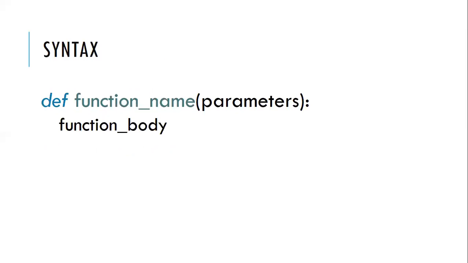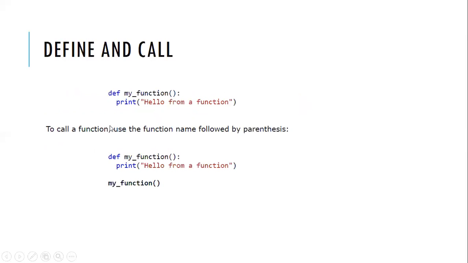So this is the syntax of writing any user-defined function. I have already told you we need to start with the def keyword and the function name, anything you can give, and the parentheses will be like this, and whatever parameters you want to have, you can have in these parentheses, with a colon and function body. The function body should have the indentation.